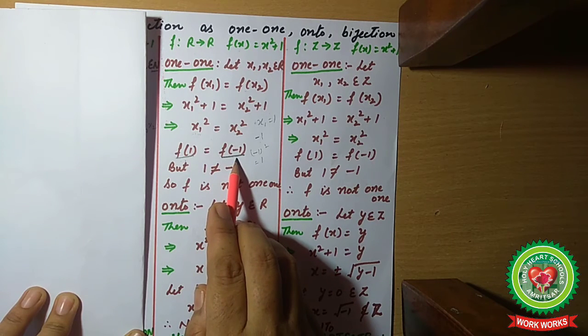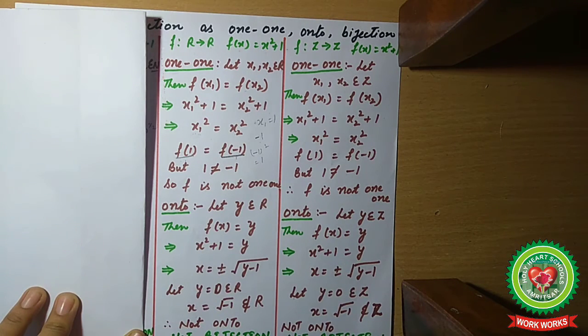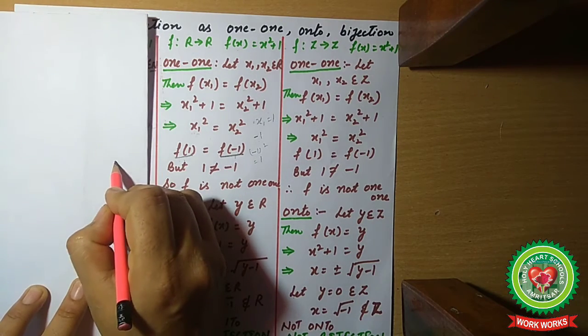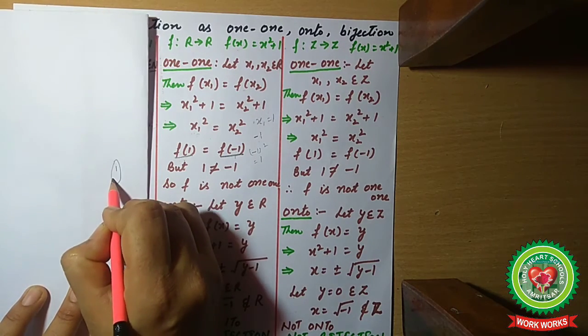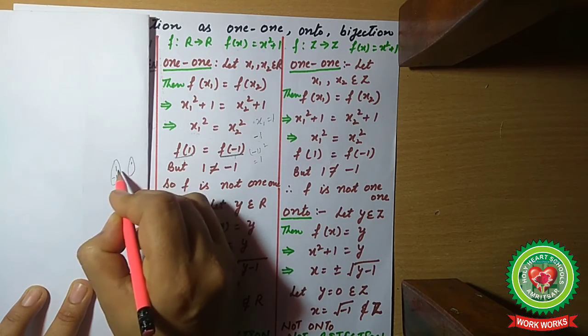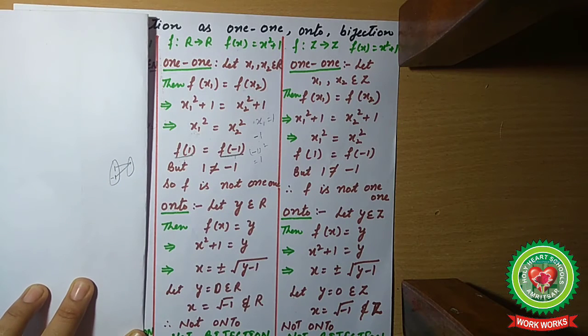So 1 and minus 1 are having the one image here. So is it one-one?